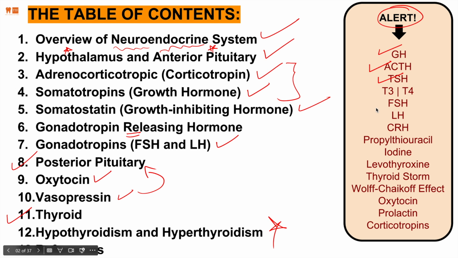And then, of course, TSH, which is thyroid stimulating hormone, then the thyroid hormones themselves, T3, T4, FSH, LH, which we just talked about, CRH, which is corticotropin releasing hormone, and then propylthiouracil, iodine. Now this is going to be pretty fun, guys, so keep an eye out for iodine. Levothyroxine, thyroid storm, Wolff-Chaikoff effect, as well as oxytocin, prolactin, and corticotropins.